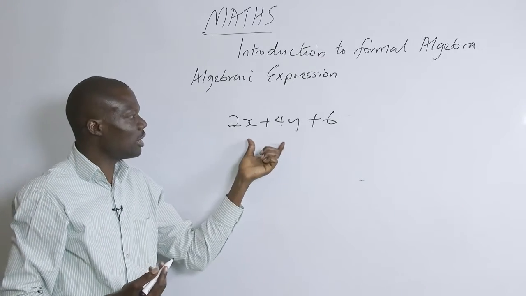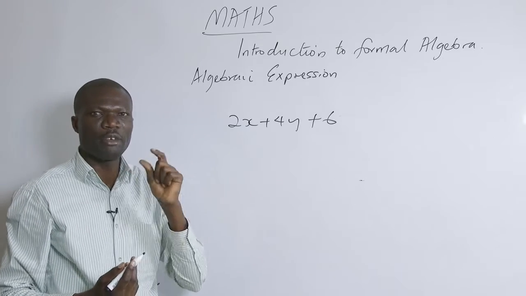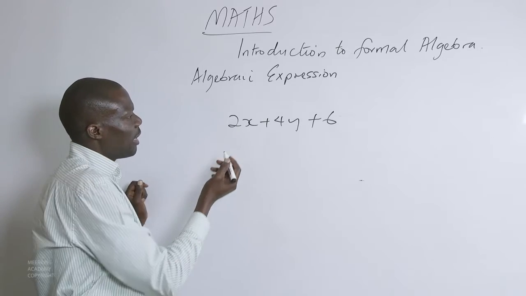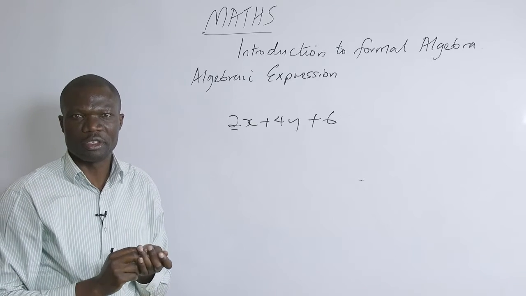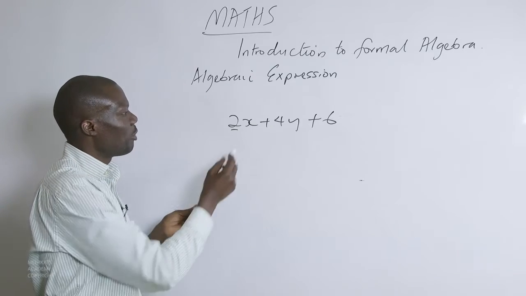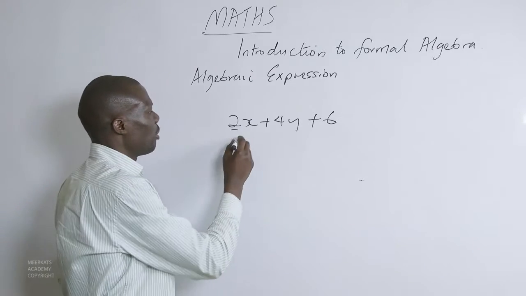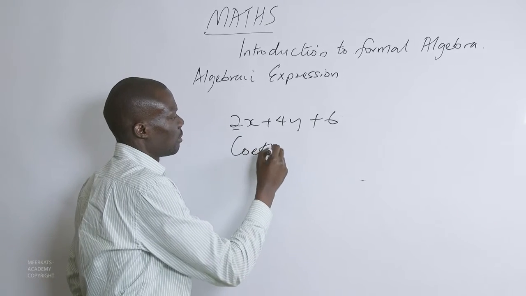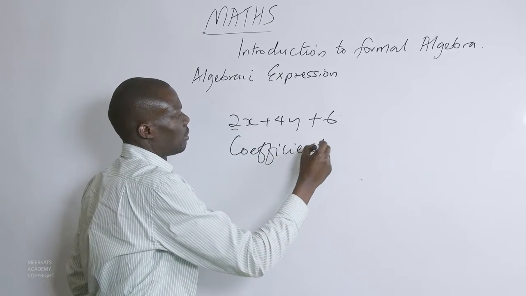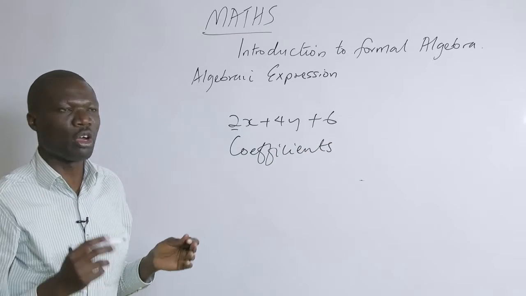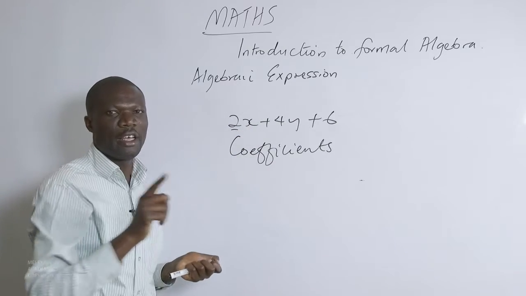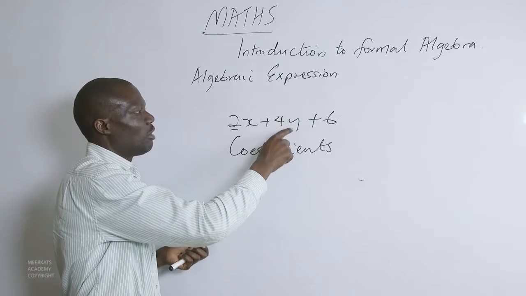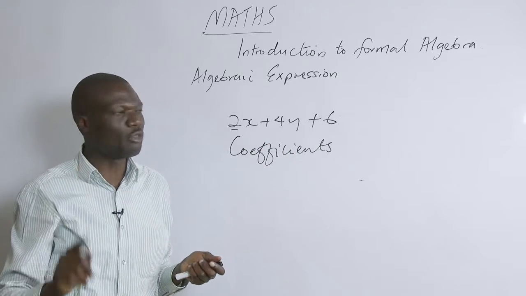Now, with these three terms, we shall realize that there are some numbers that come before the pronumerals. These numbers that come before the pronumerals, we call coefficients. So the coefficient of x here is 2. The coefficient of y here is 4.